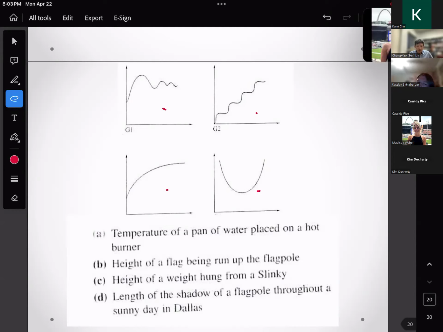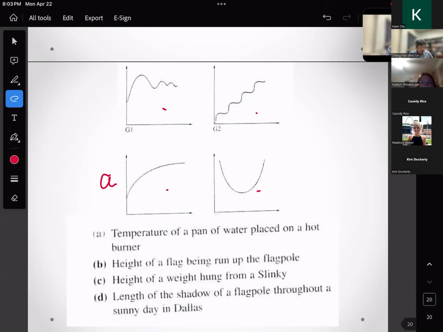Bottom left. Yes. So put A here. Temperature of a pan of water placed on a hot burner. Yes, this one.